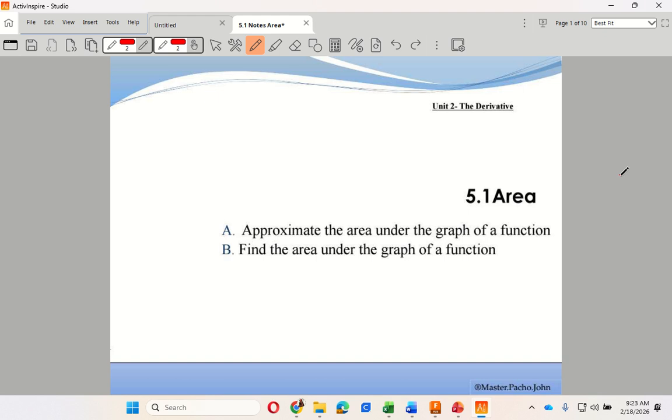All right. Area. So approximate area under the graph function. This is what integration does. And right now we're going to approximate these areas by drawing little rectangles to estimate where this is.